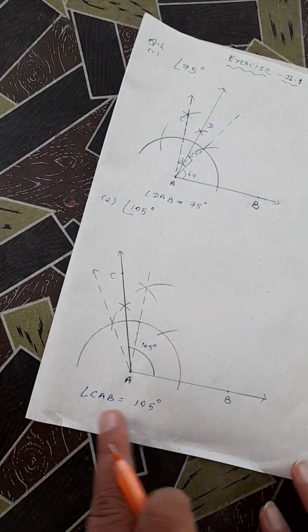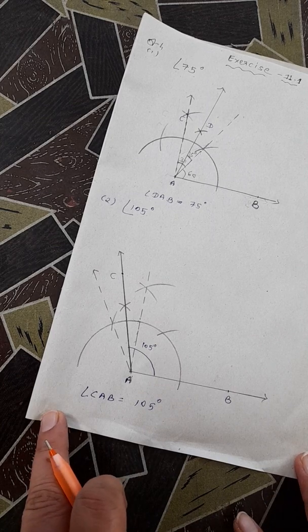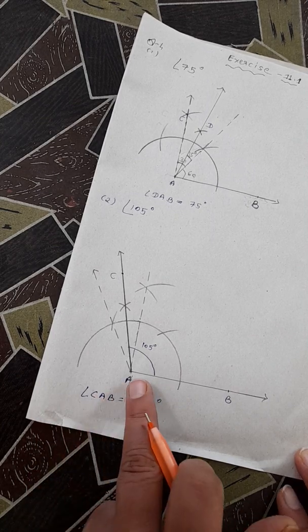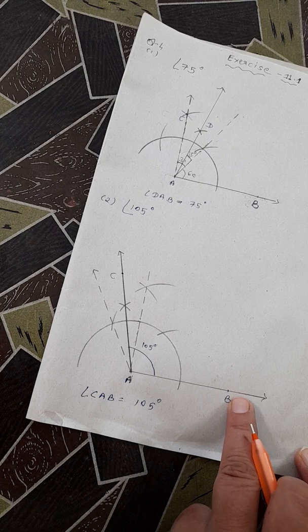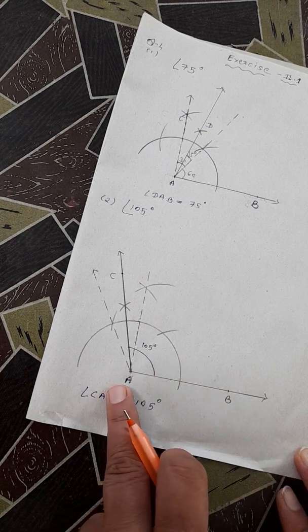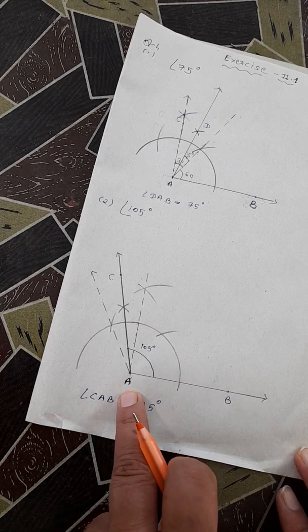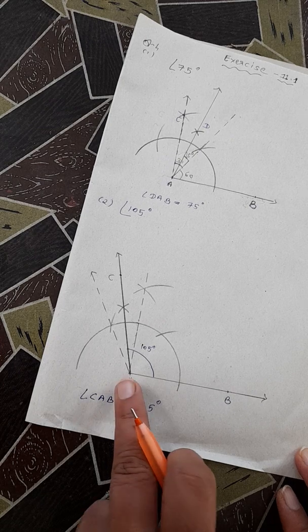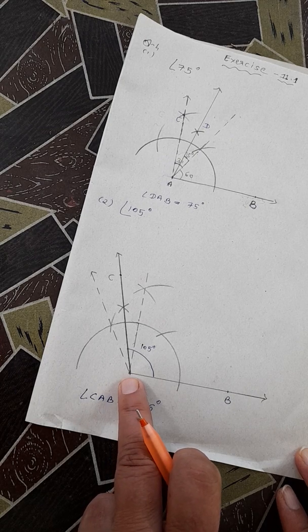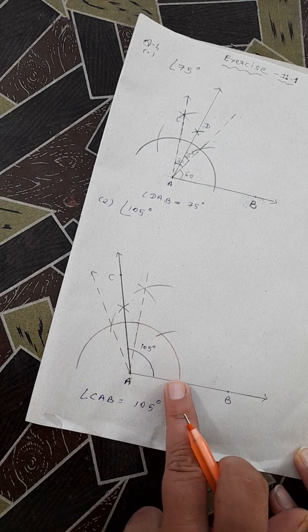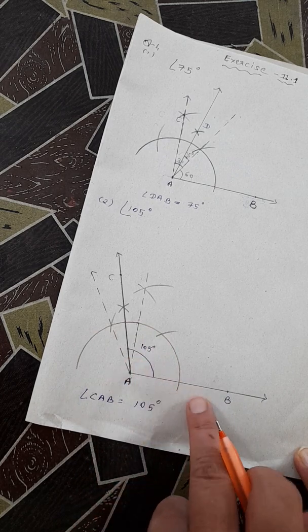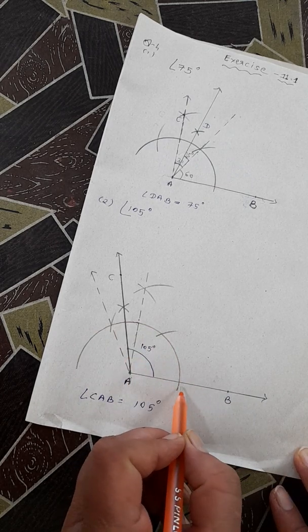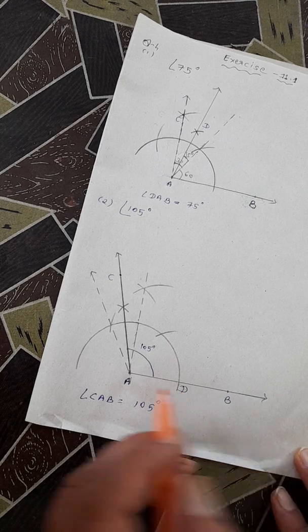So also you can write the steps, right? How to write the steps? First draw the ray AB. Taking radius of our choice and taking A as a center, draw the arc. This arc intersects AB in one point, say D, right?